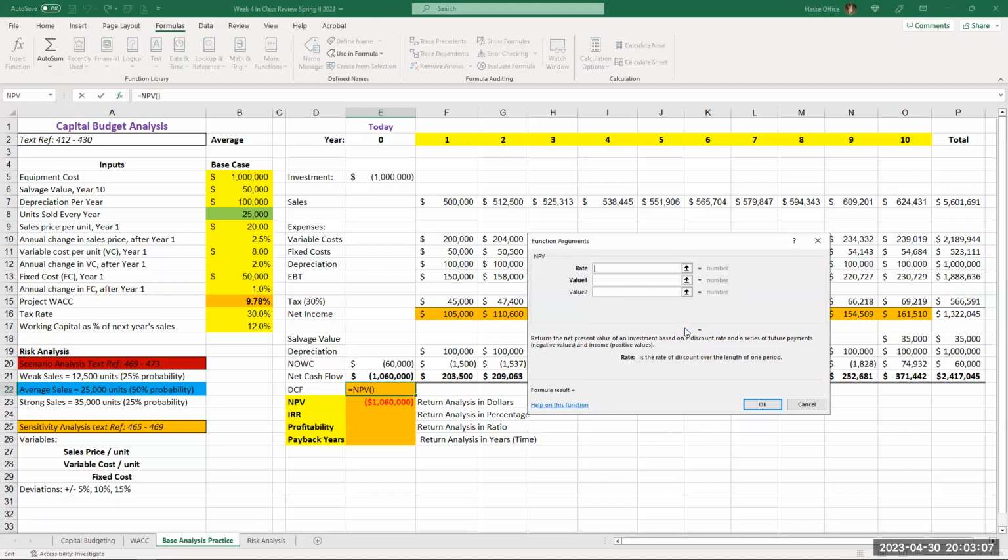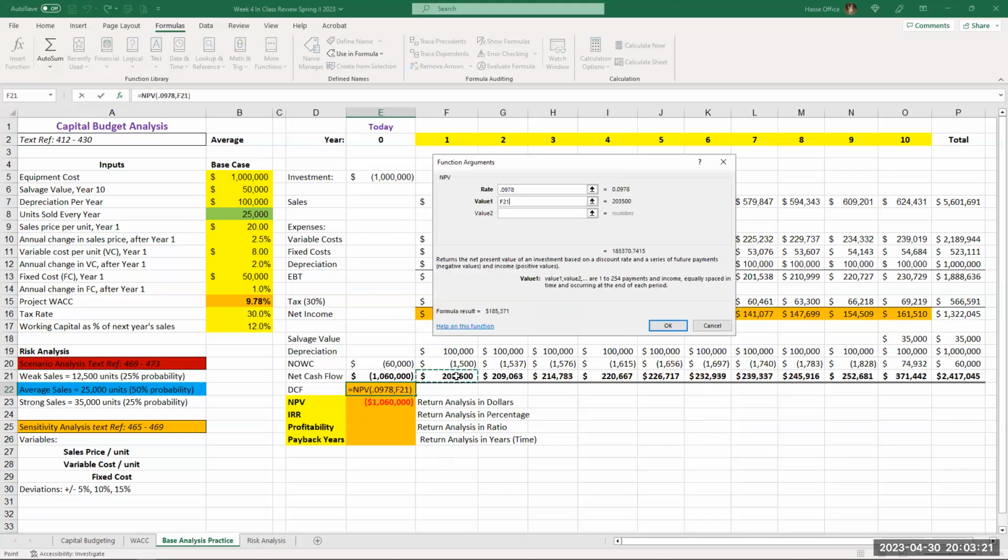We've looked at this a little bit before. So our rate is our weighted average cost of capital that we calculated in the first tab, 0.0978. And we're going to discount the accumulated values from year 1 through year 10, F21 to O21.